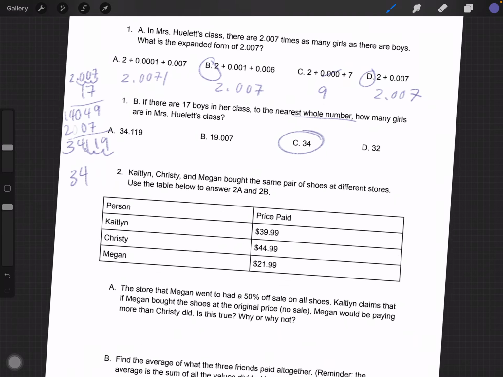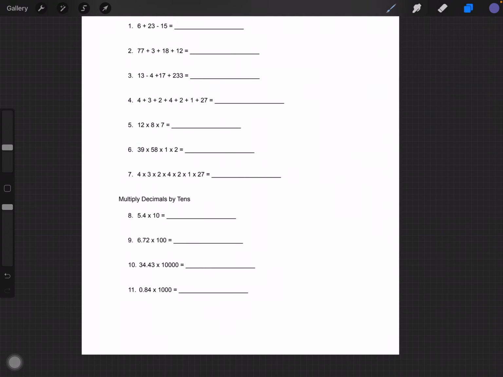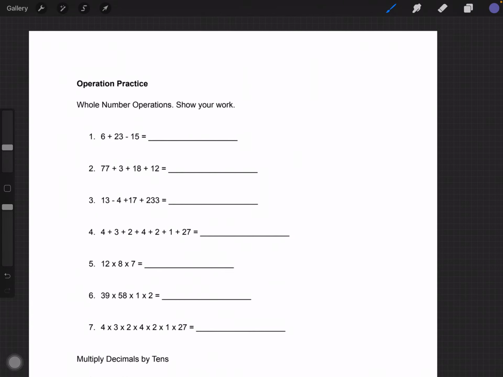This is a similar type of table question where you use a table to answer both questions. So we are going to move on to whole number operations, which tells us to show our work.